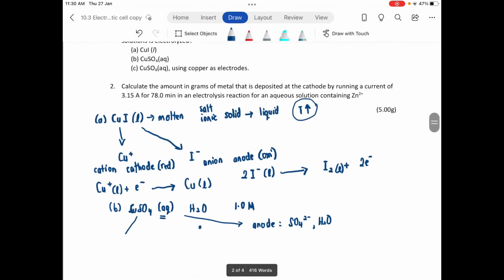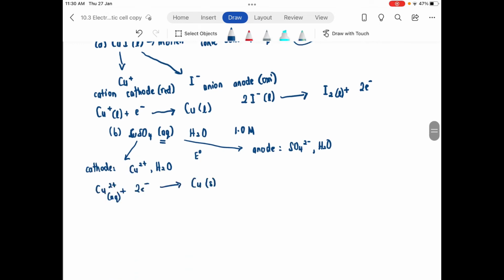So bila reverse, dia jadi 2H2O liquid produce oxygen gas plus 4H plus 4 electron. So apa yang kita dapat product at anode is oxygen gas, while at cathode is copper solid.